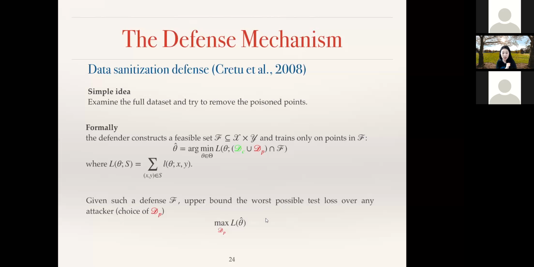I haven't talked about the defense yet. I'm just laying out the problem here, setting the stage, telling us what we want to do, what the goal is. Other questions? Great questions. Okay, I can move forward, if I may.